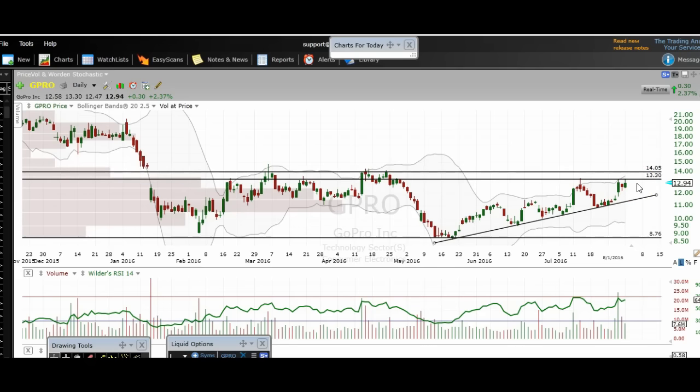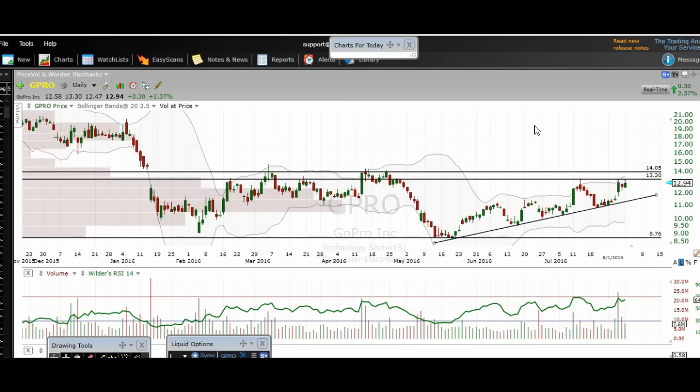You don't want to be biased heading into it. But if we break over 14 or under 8.75, we're going to see a pretty big move because we've been consolidating sideways here for quite some time. So just be aware of that on a long-term basis.